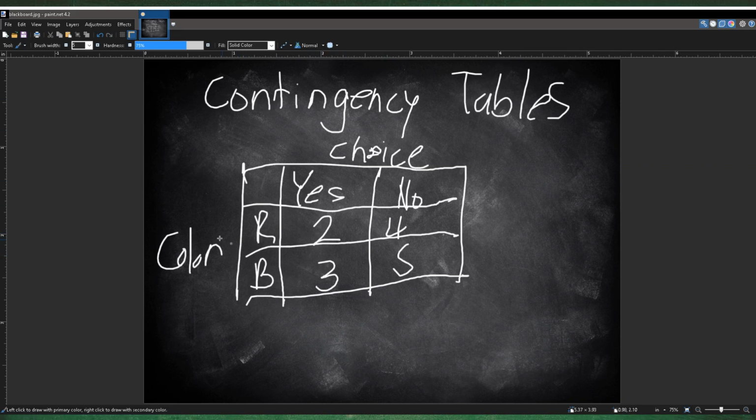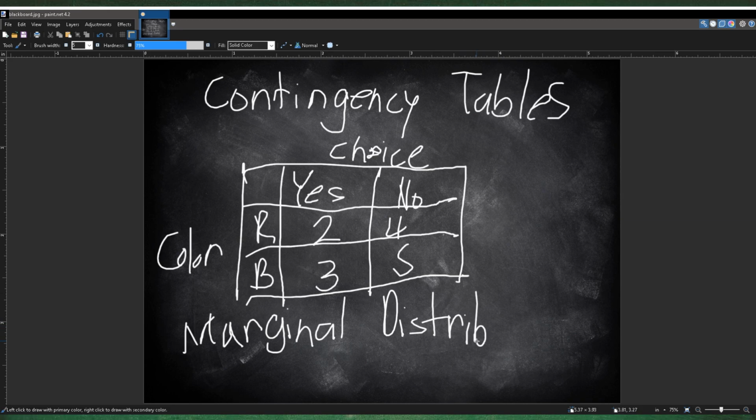For this one, there are 2 types that we could write it as. There is a marginal distribution. A marginal distribution is basically the frequency table, in relation to the relative frequency table.